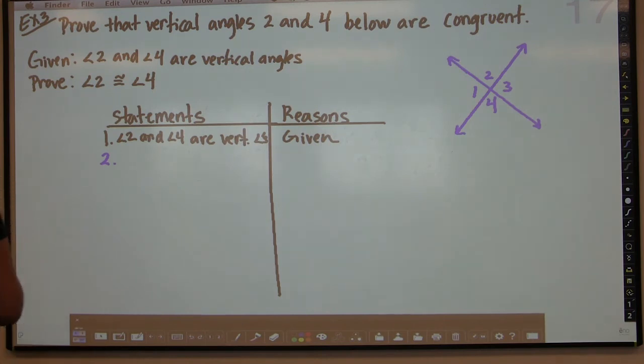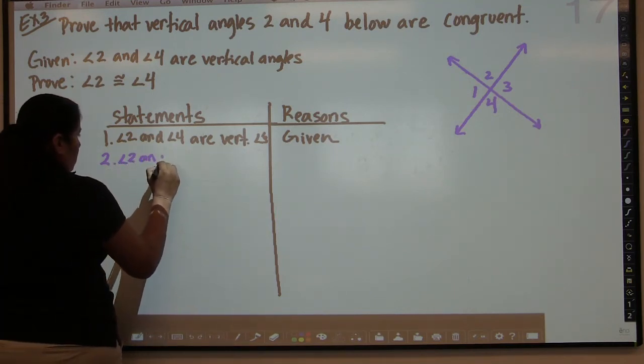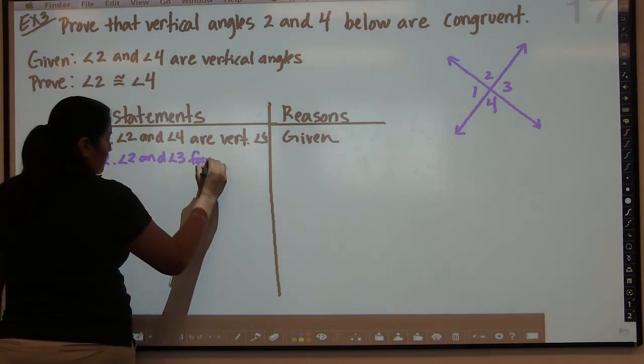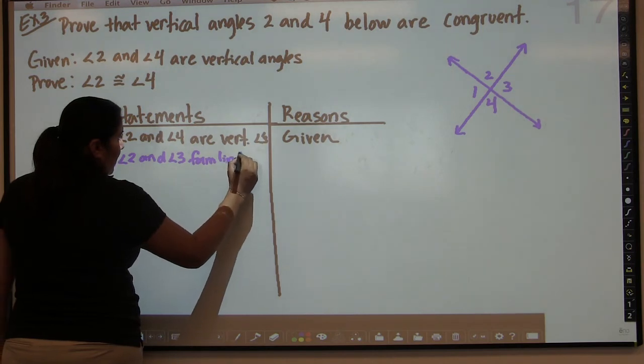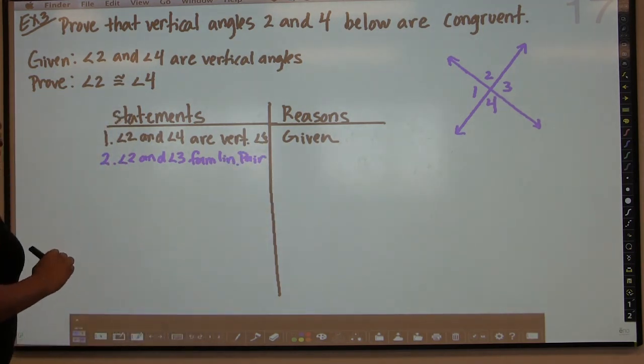Okay, so we're going to start with step 2 here. Because angle 2 and angle 4 are vertical angles, we can also tell from the diagram that angle 2 and angle 3 form a linear pair. And you can see that from the diagram.